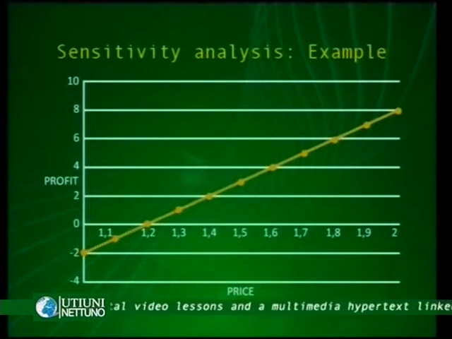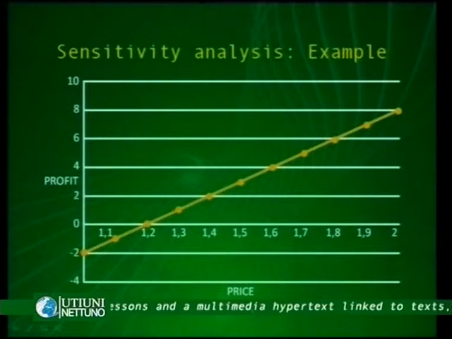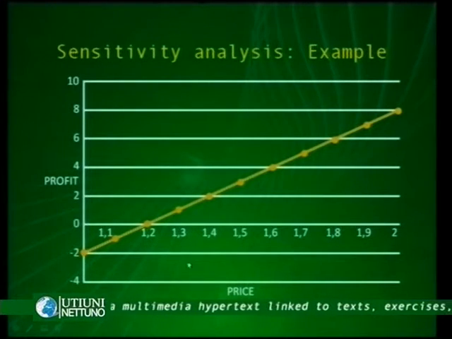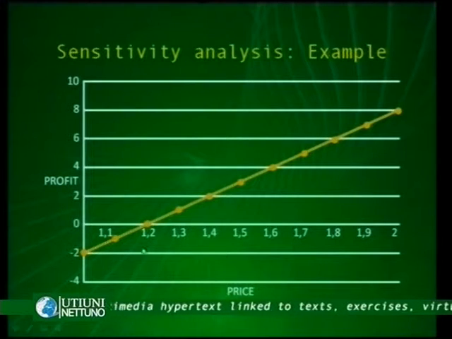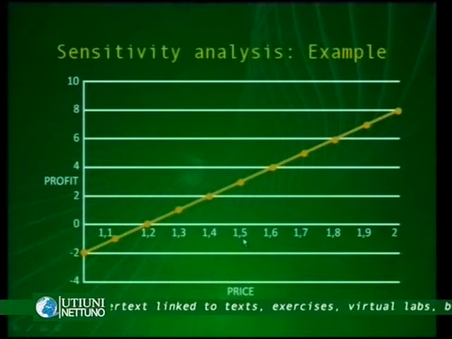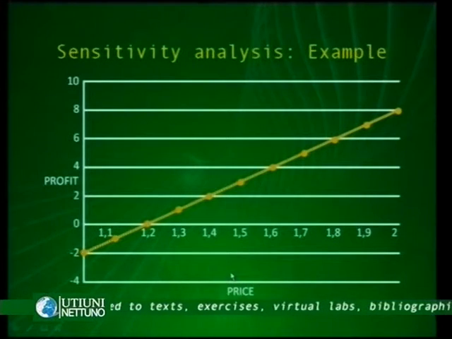So here we have a simpler sensitivity analysis that only refers to one input, that is price, and we are looking at the impact of variations of price on profits. On the x-axis of this graph, we have the possible values that we assume the price can take in the future at a given moment of the life of the project.